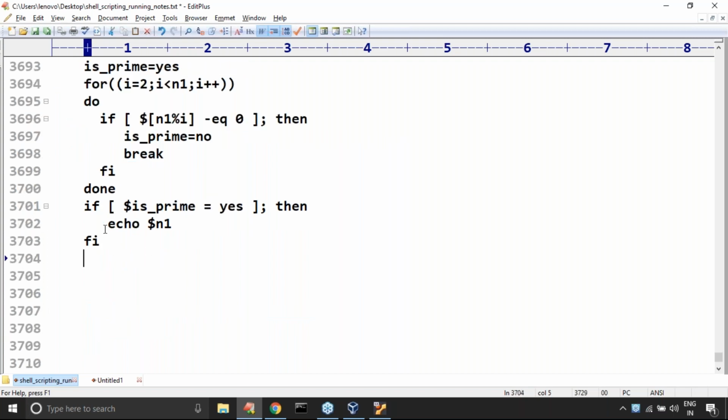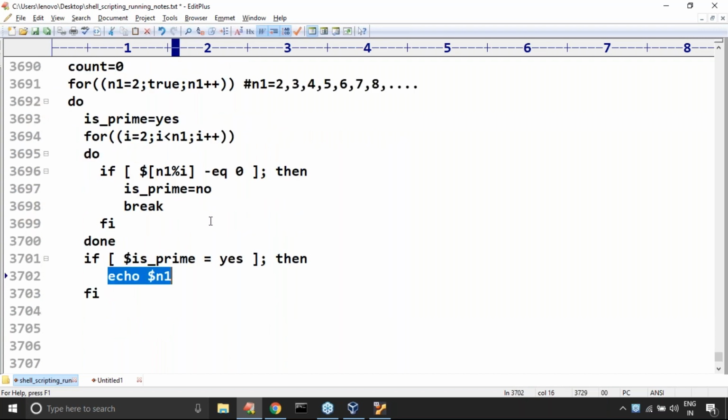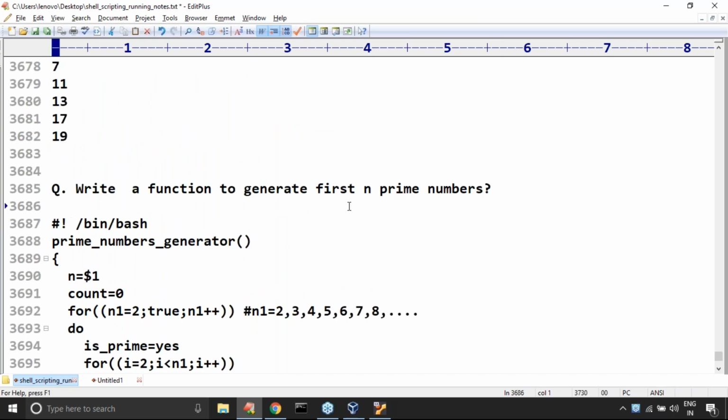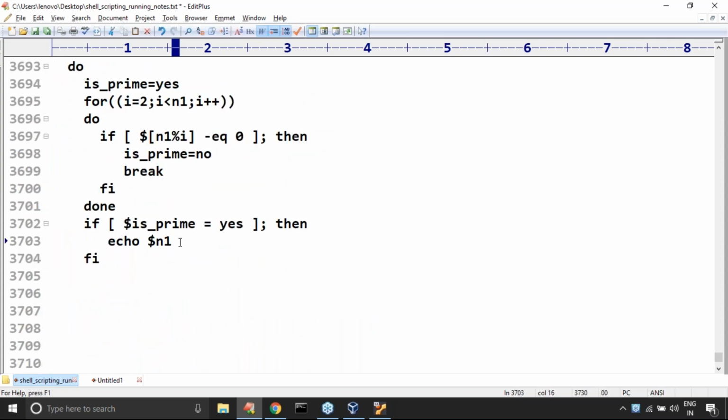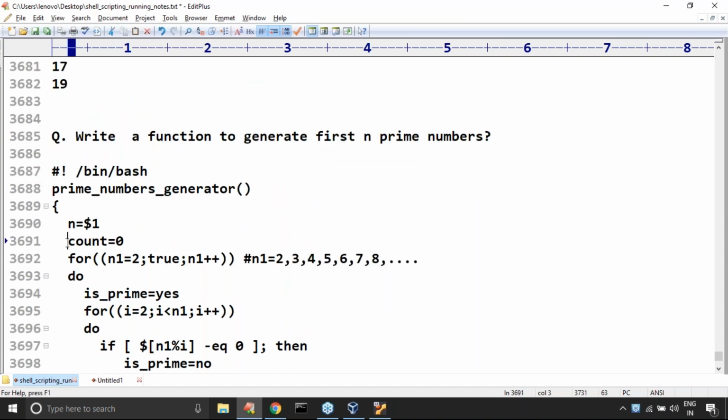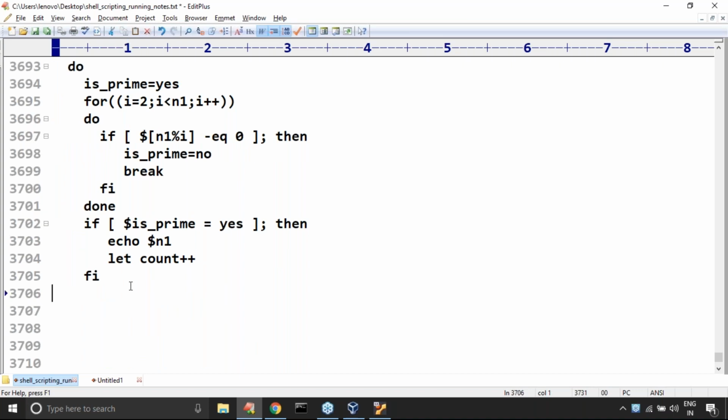Next, after printing this one, what is our requirement? Write a function to generate first n prime numbers only. After printing, can you please increment the count value? Because count is very important. Count is 0, now count value will become 1.